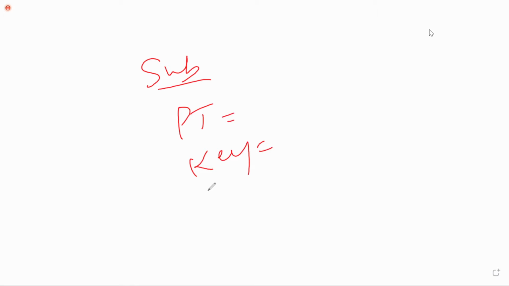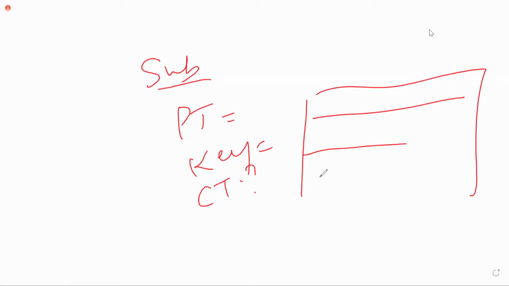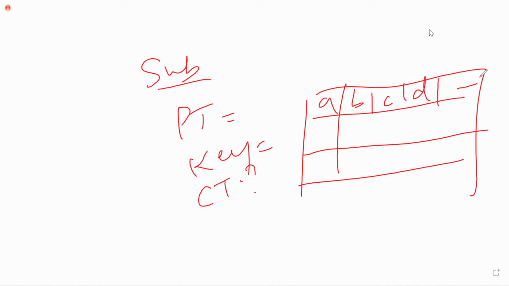Then what will be the ciphertext? What we need to do is take the alphabets A, B, C, like this. And the key is some word. Suppose the key is CLASS, and the plain text is like CNS, the subject.